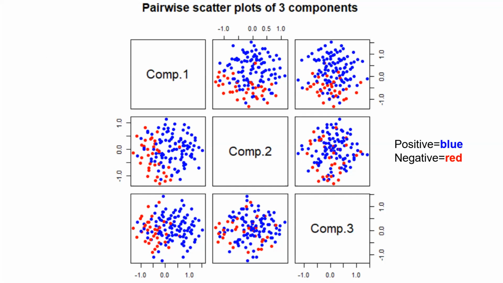If you just look at one of them, it may be simple, but it may not be enough. You may actually lose out some, because there is certainly a group of the positive patients that are separated by PC2.